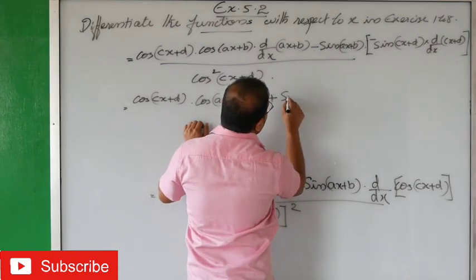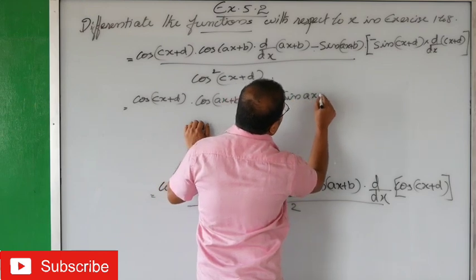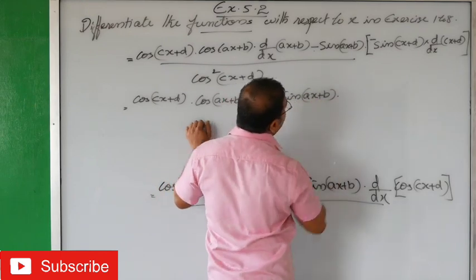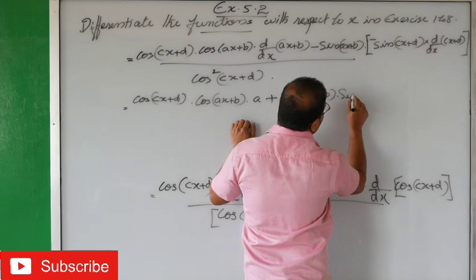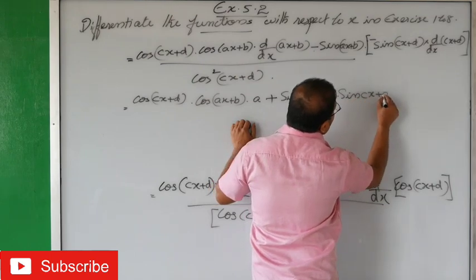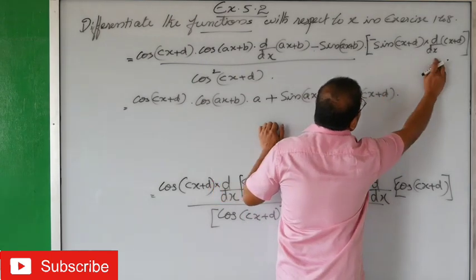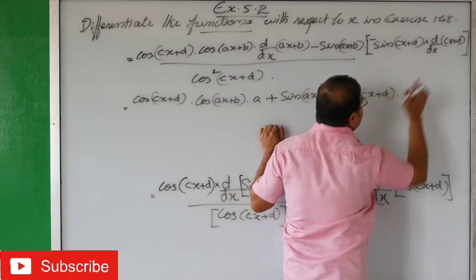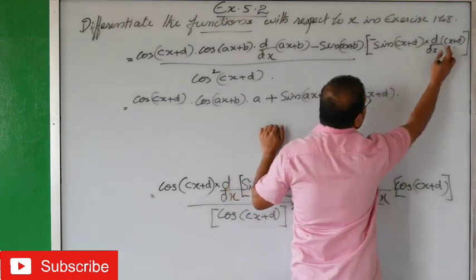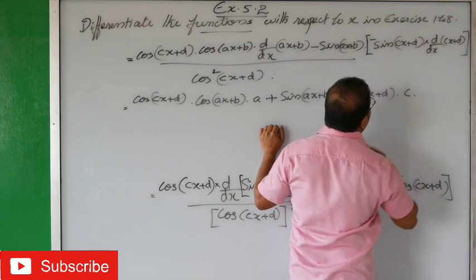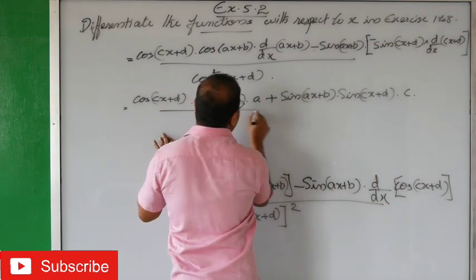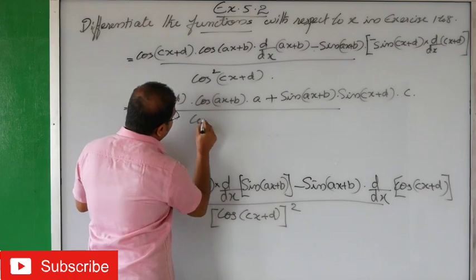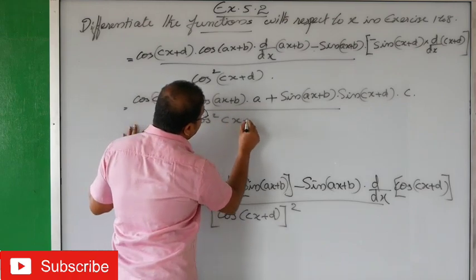Balance. Sine x plus b into sine cx plus d into derivative of cx plus d means derivative of constant into x. What you will get? Constant. That means what you will write here? C. The whole divided by cos square cx plus d.